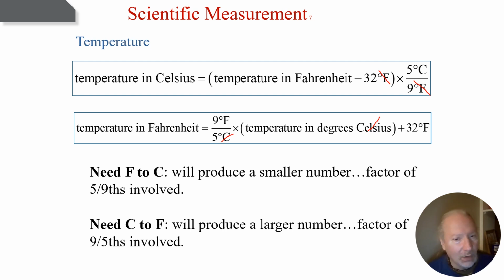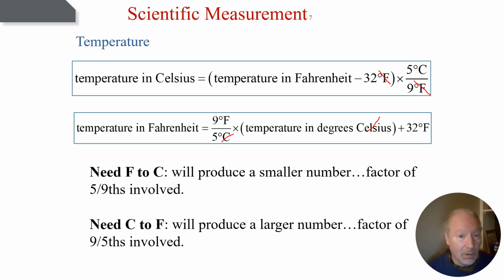Temperature in Celsius, how do we convert to that? Say we're given something like 85 degrees Fahrenheit, we can subtract 32 Fahrenheit from that and multiply it by something less than 1, 5/9, which is a conversion factor, we have Celsius over Fahrenheit. We're going to cancel the original Fahrenheit value we're given, and we're going to be converted into Celsius, okay?